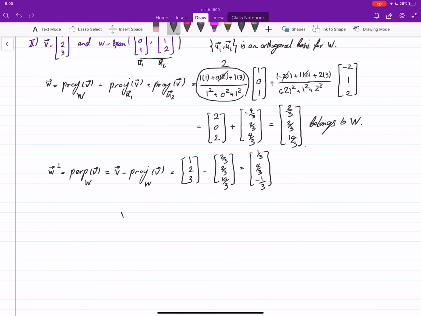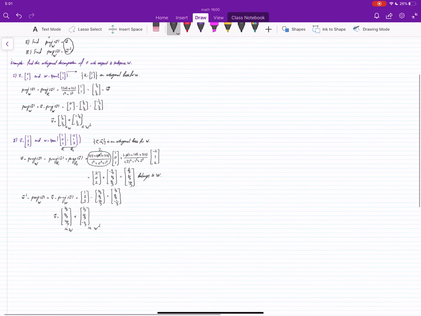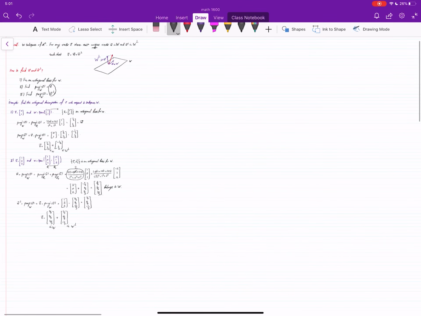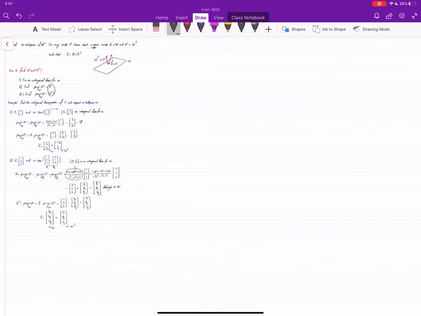Now you see we write v as the sum of two vectors, one in W and one in W perp. And that's how we find the orthogonal decomposition of a vector with respect to a subspace.